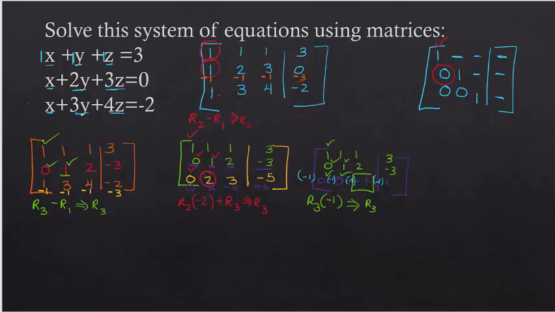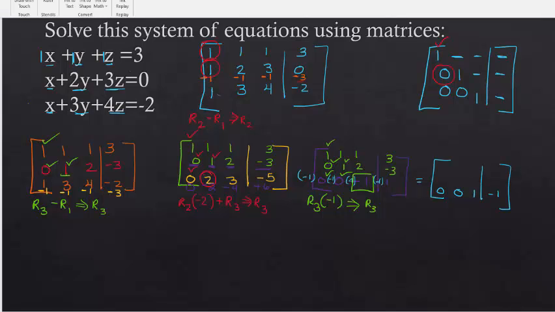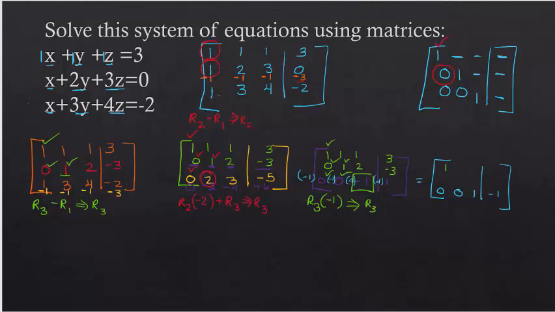The new bottom row will be a 0, a 0, -1 times -1 is +1, and -1 times 1 is -1. So it changed that one over there to a -1 now. And our other ones are the same still.